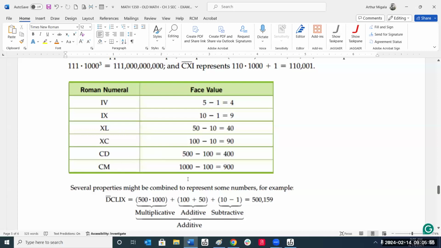If it's after, it's addition. So IX would be 9, IV would be 4, XL, L is 50, X is 10, so it's 40. XC is 90, CD, D is 500, C is 100, so it's 400.